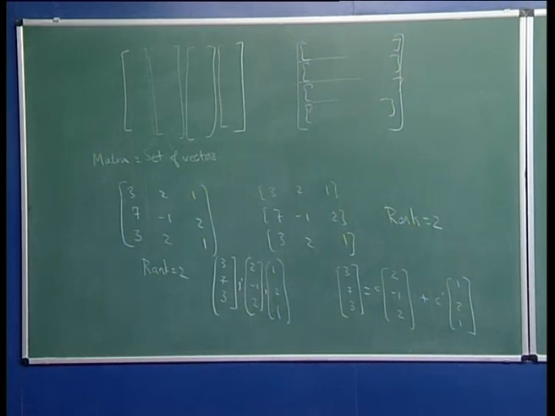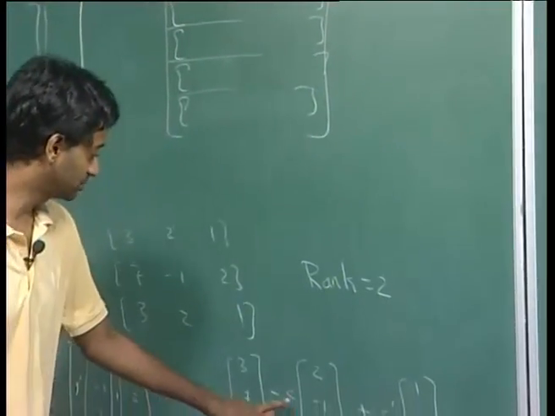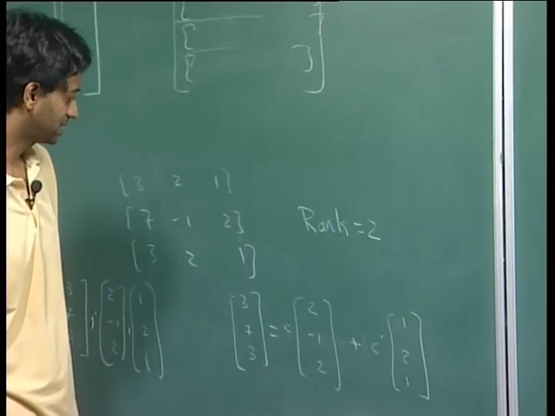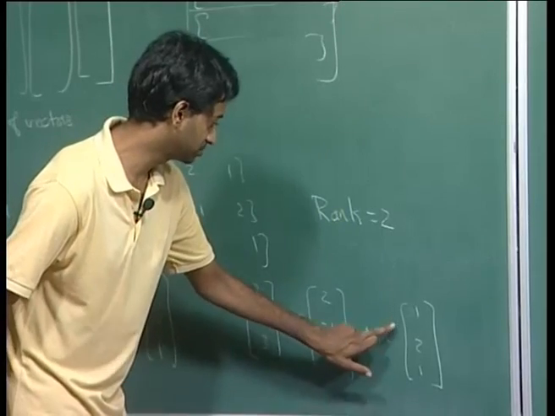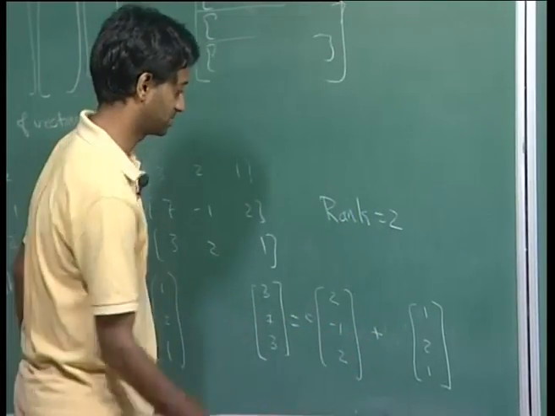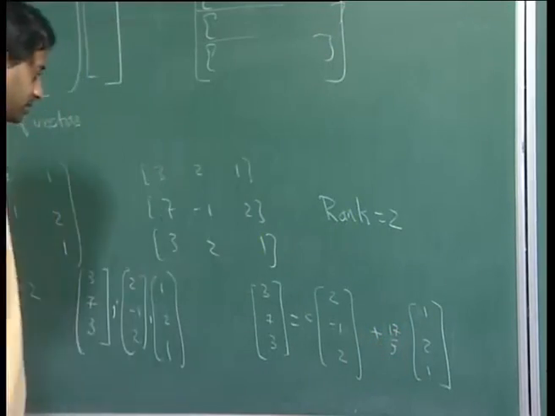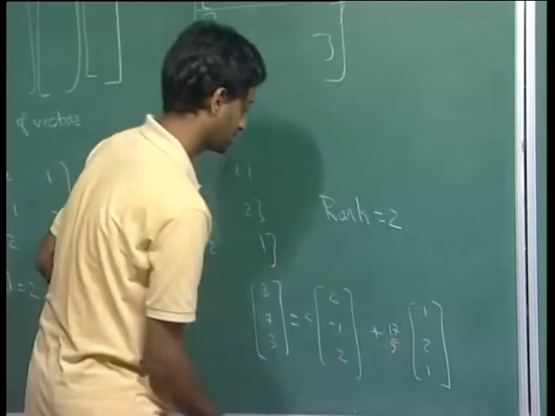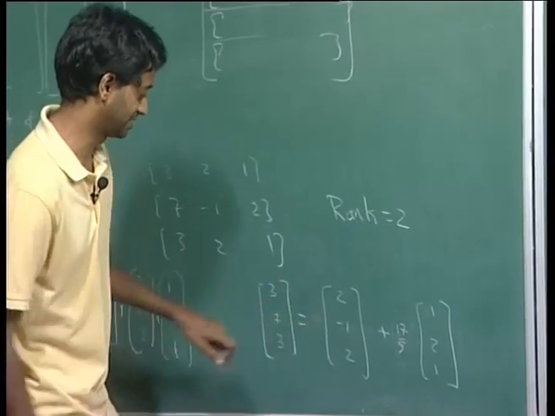Fine. So, the rank of a matrix is the number of linearly independent rows or columns. Now, by suitably choosing values of c prime and c, you can get this equality satisfied, and it is not hard to show that the value of c prime should be nothing but 17 by 5, and then c can be shown to be minus 1 by 5.